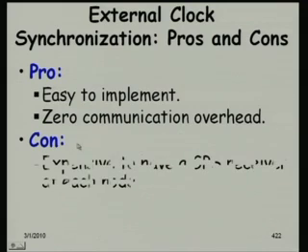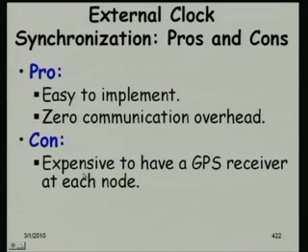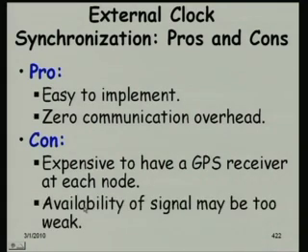But the disadvantage is that it is expensive to have a GPS receiver at each node, and possibly that is the reason why external clock synchronization is not used in distributed real time systems. And also, depending on the location where it is deployed, the availability of the signal may be weak, it may fade and so on.